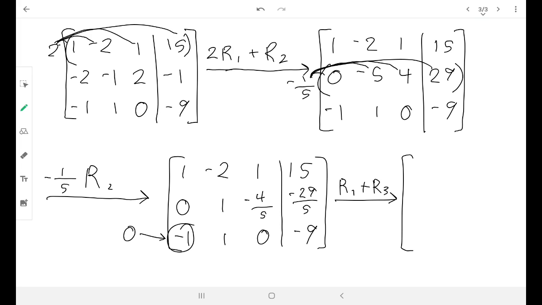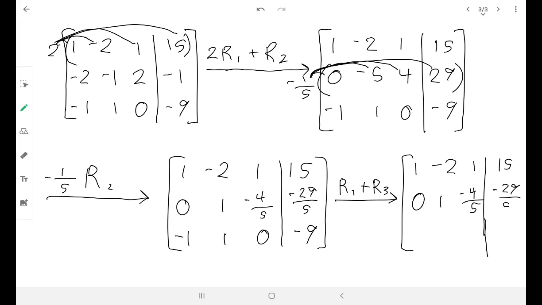Then my goal is to get a 0 right there. So first row doesn't change. Second row doesn't change. And then the third row does change.